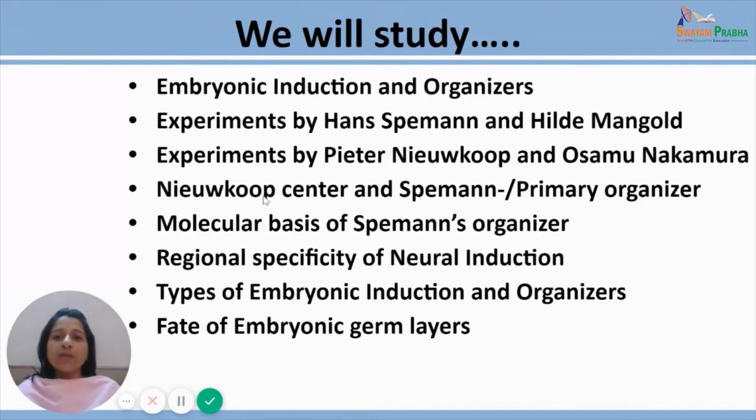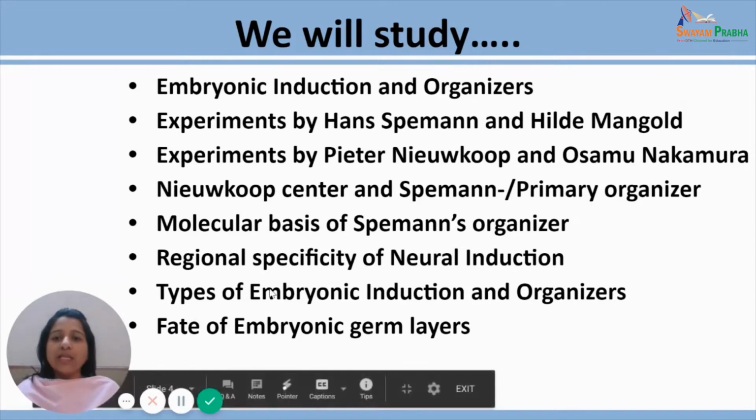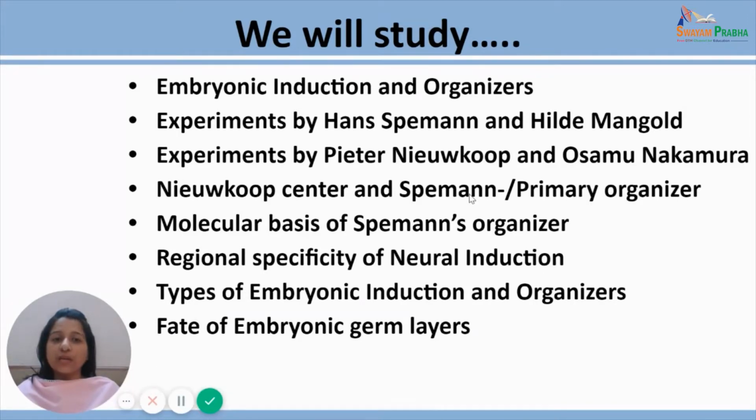We'll come across important terms like Nieuwkoop center and Spemann organizer or the primary organizer. We'll discuss the molecular basis of Spemann's organizer and regional specificity of neural induction. Then we'll take up the types of embryonic induction and organizers, and we'll discuss the fate of embryonic germ layers.